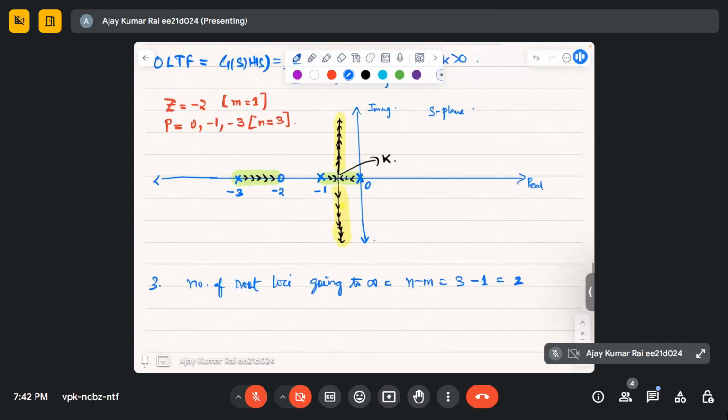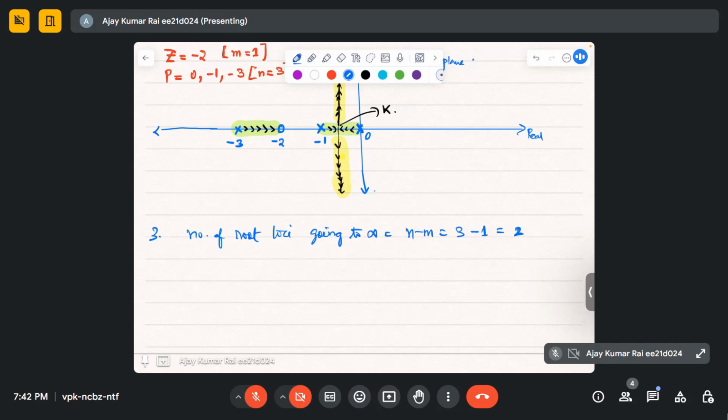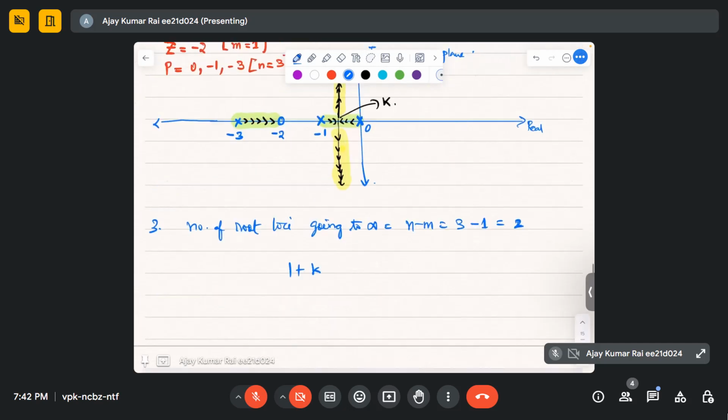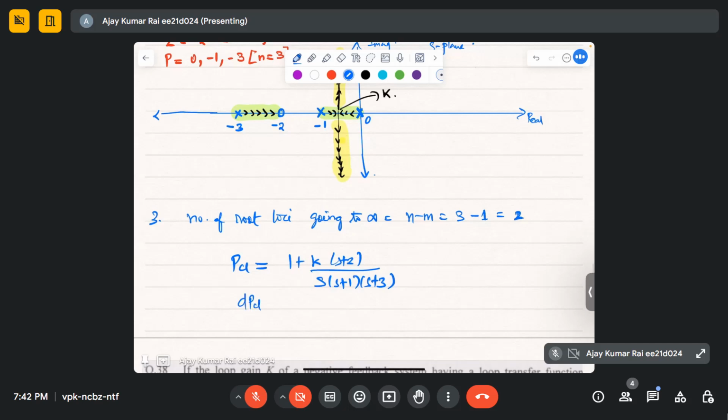And how to find out the breakaway point? Because I'm not doing this. For the breakaway point, you have 1 plus k into s plus 2 over s into s plus 1 into s plus 3. You assume this as some function, and you differentiate with respect to s, and you find out the value of s where it becomes 0.